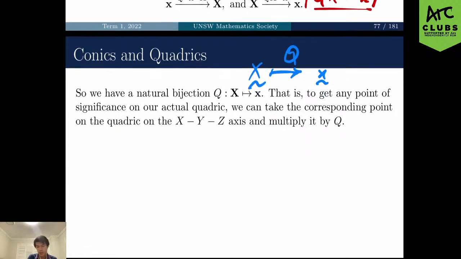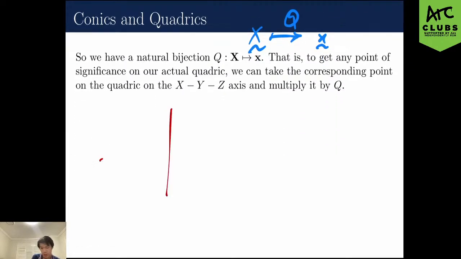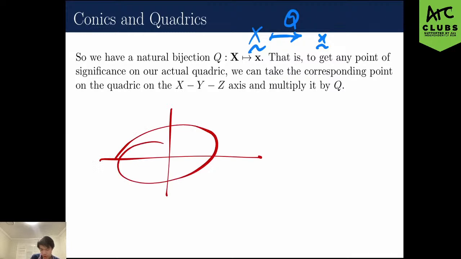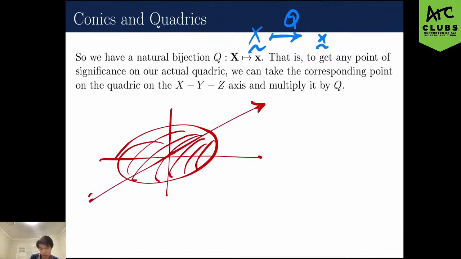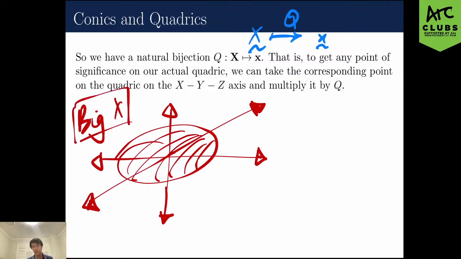For example, let's say in the big X space we've got an ellipsoid. This is kind of an ellipsoid. I'll just draw the third axis too. In the big X space, we've got a perfect ellipsoid. And we know the structure of an ellipsoid.